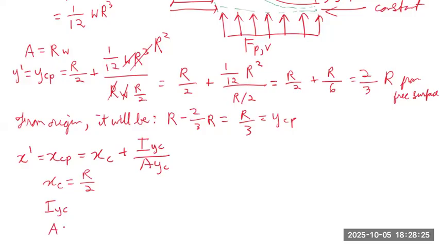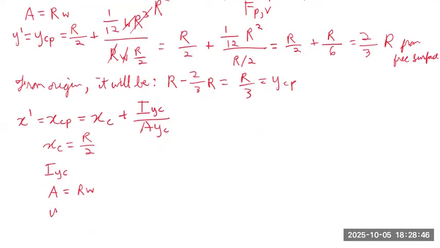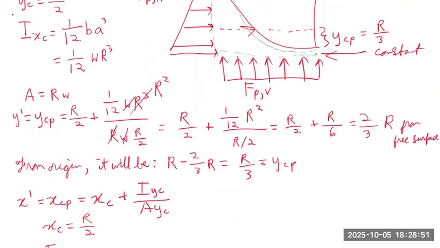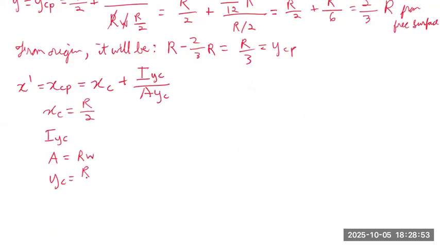Well, we know that A, first of all, is going to be equal to RW as well. And YC we already found from the other part. YC is equal to R over 2. So now we need IYC.